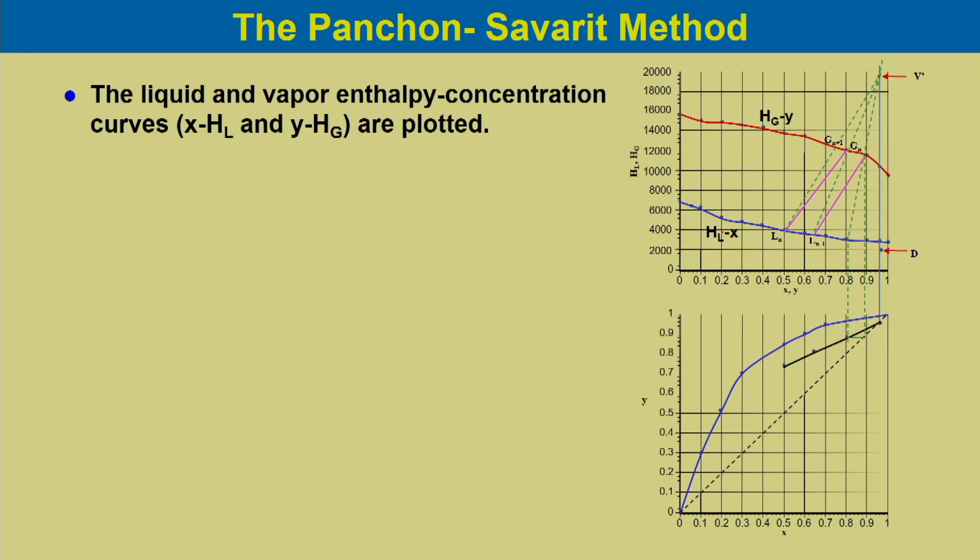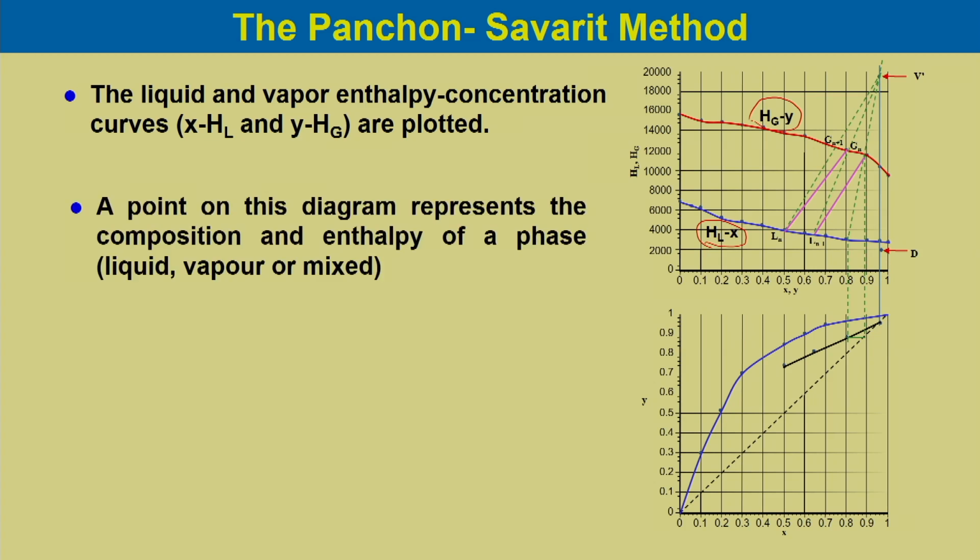In the enthalpy concentration diagram, the bottom blue line is HL-X, liquid enthalpy and mole fraction, and the top one is HG-Y, vapor enthalpy and vapor mole fraction. A point on this diagram represents the composition and enthalpy of a phase, that is liquid, vapor or mixture.